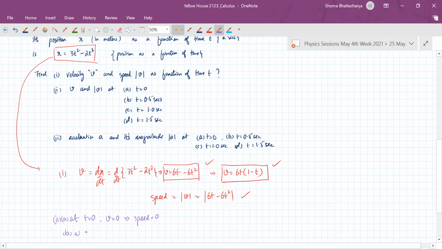But at t equal to, for example, half a second, you'll get velocity as plus, oh sorry, 0.5 minus 0.25. So that's 0.25, right? So 0.25 into 6 is 1.5. So plus 1.5, which means that speed we'll take without any algebraic sign, simply 1.5 meters per second.